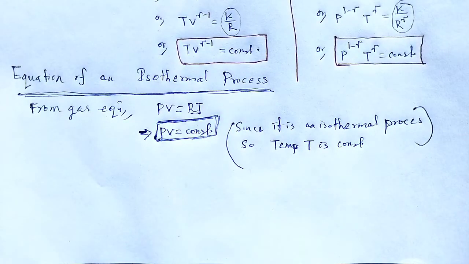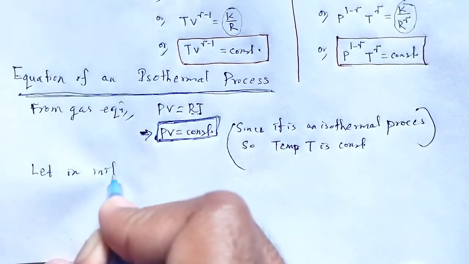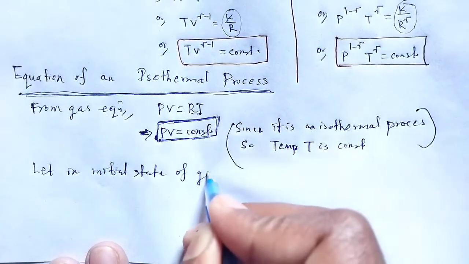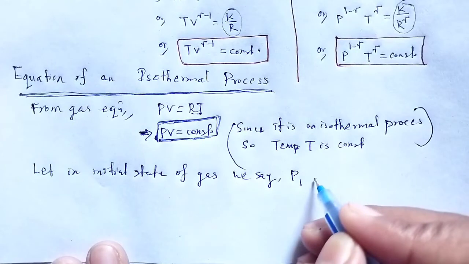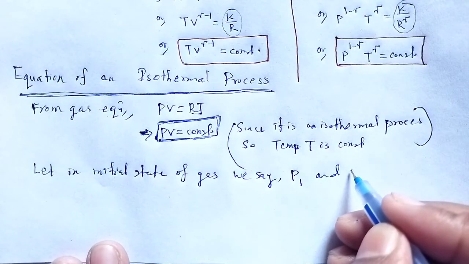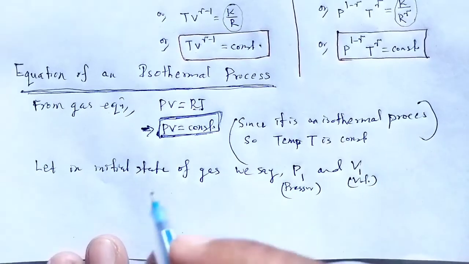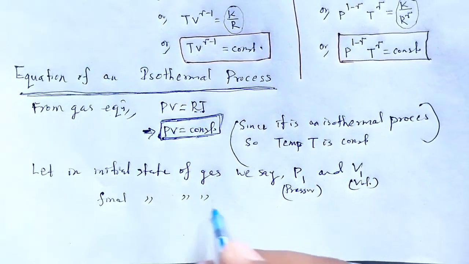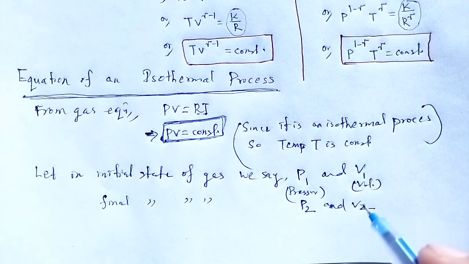Here if we consider the gas expanding from the initial to the final state, in the initial state of the gas, the pressure is P1 and the volume is V1. And after expansion, in the final state of the gas, the pressure changes to P2 and the volume changes to V2.